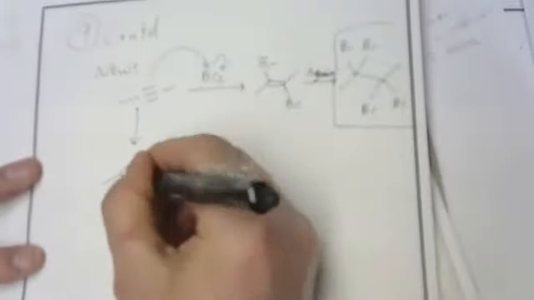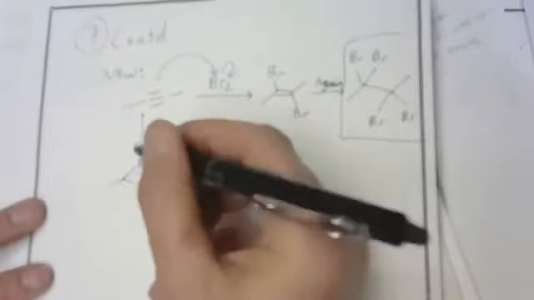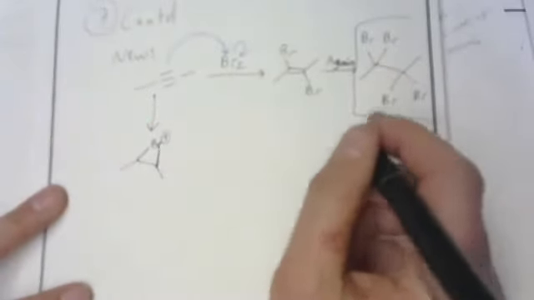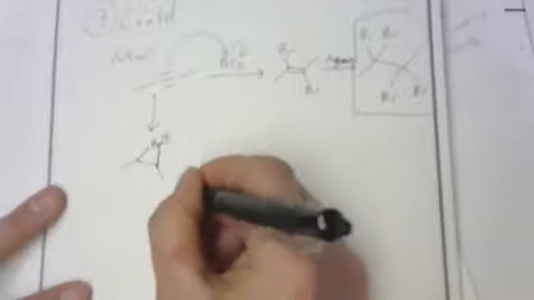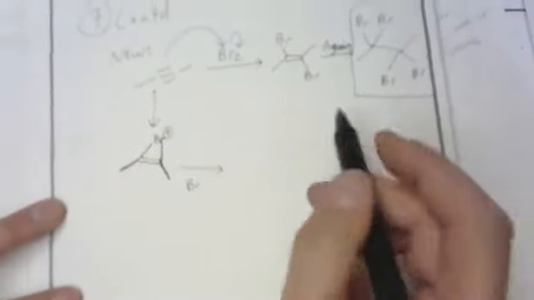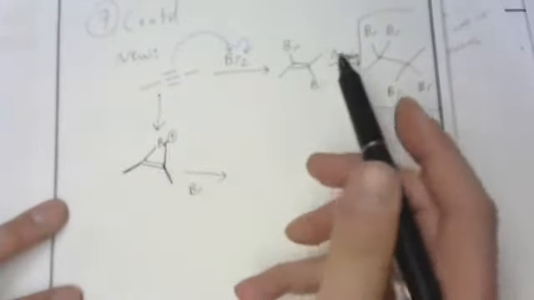A bromonium, right? The funny three-member ring with a bromine. Now what does Br minus do to that? Oh, I'm sorry, I missed something. There's a double bond here because we had a triple bond and then one of the bonds went away. So don't forget that triple bond goes to a double bond, all right?